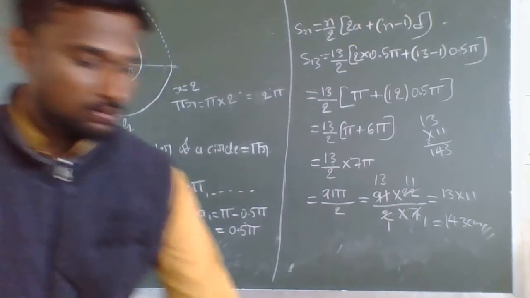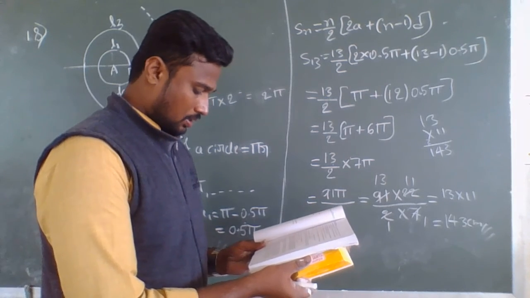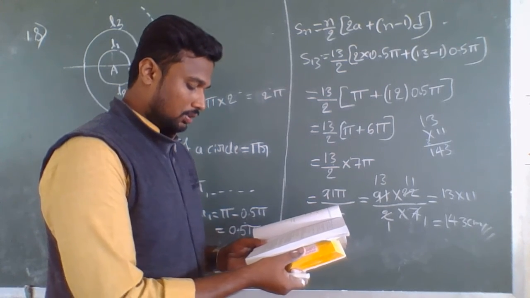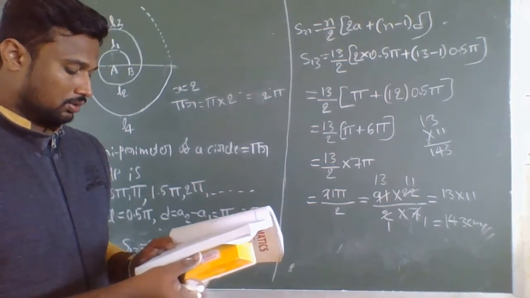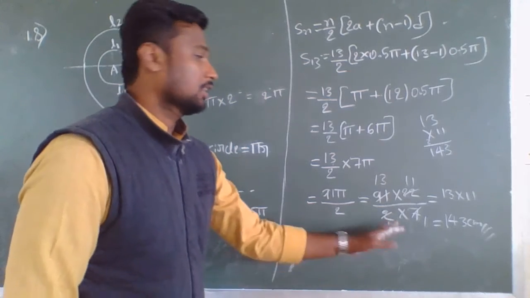Therefore, the length of the 13th semicircle is 143 centimeters.